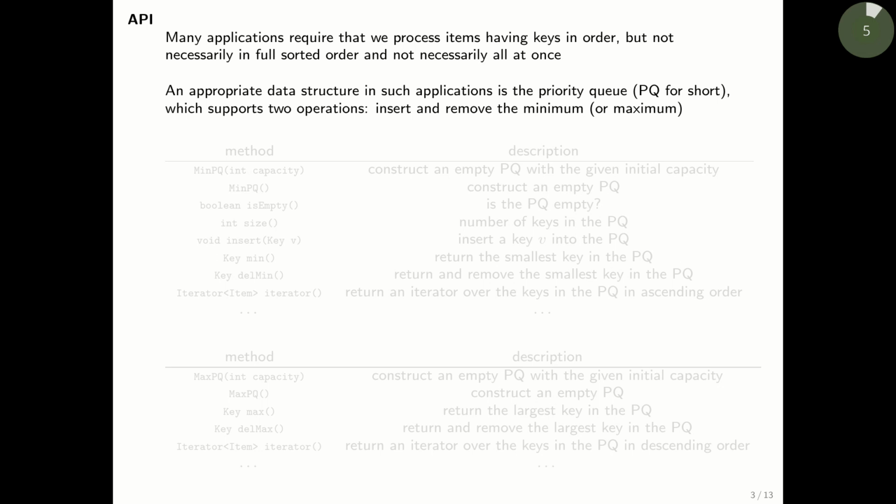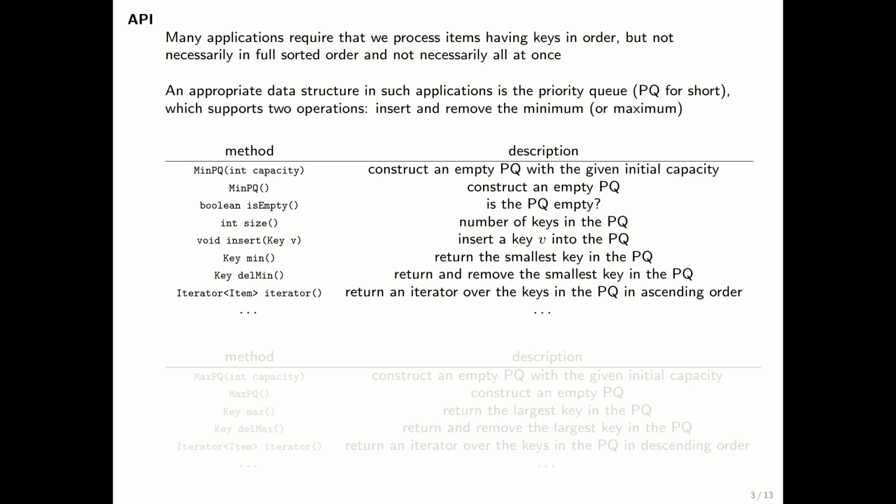So a suitable data structure in such applications is the priority queue, or PQ for short. A priority queue supports two fundamental operations: insert a key into the priority queue, and remove either the minimum or maximum from the priority queue.